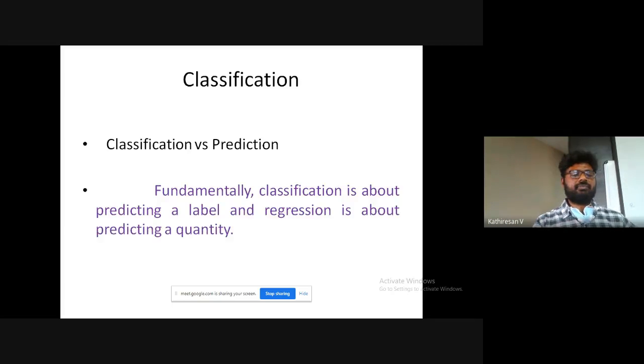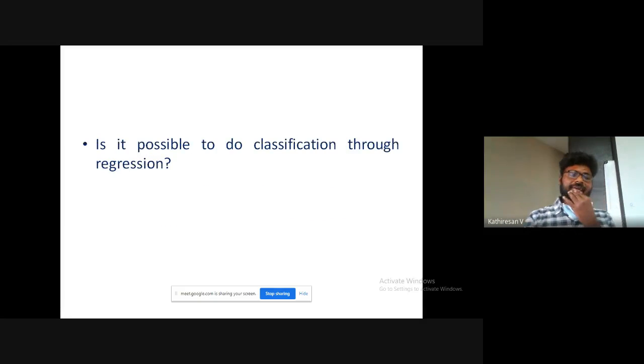Okay, so fundamentally classification is about predicting a label, and regression is about predicting a quantity. Now my question is, is it possible to do classification through regression?